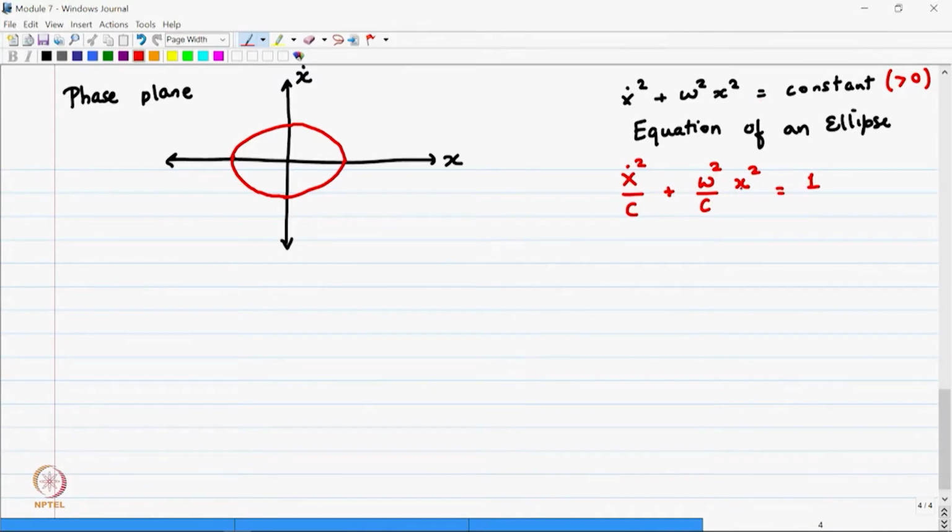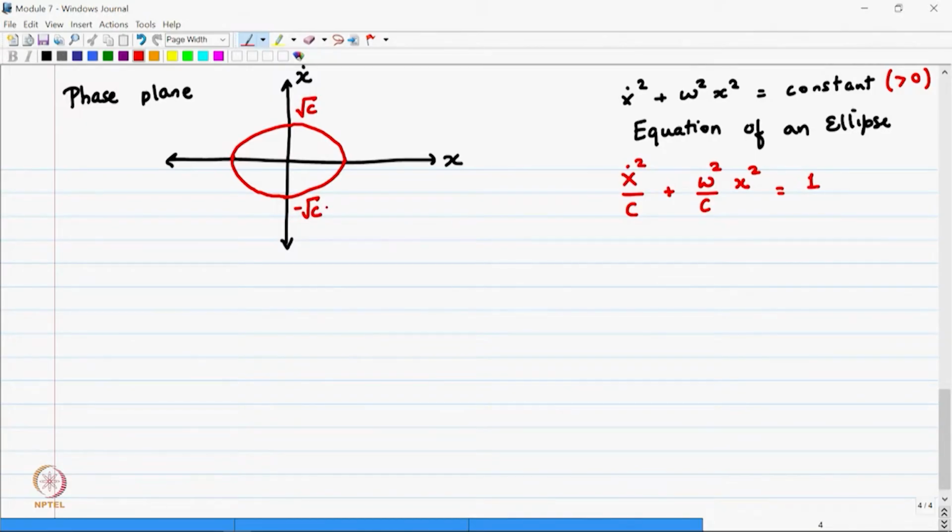When x equals 0, x dot square equals c, so x dot equals root c and minus root c.